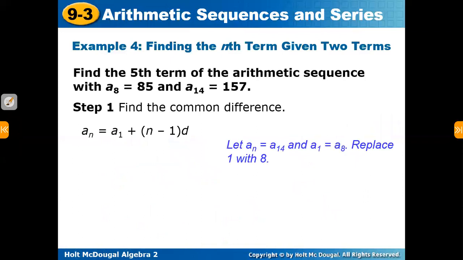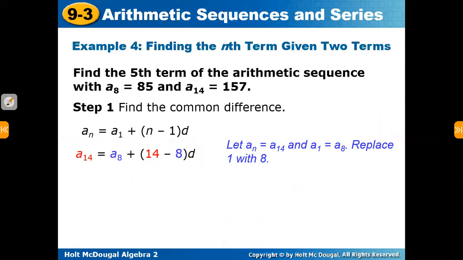So AN is A14, and I can consider A8 as my A1. That means instead of starting from A1, I can consider A8 as A1.